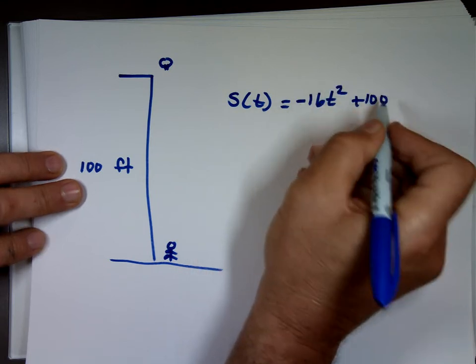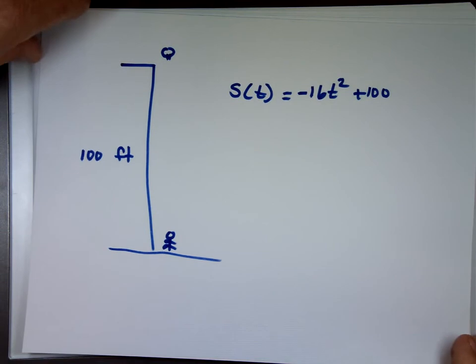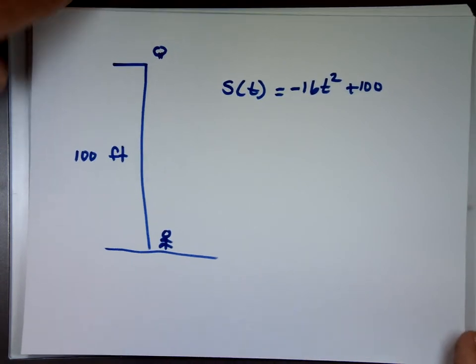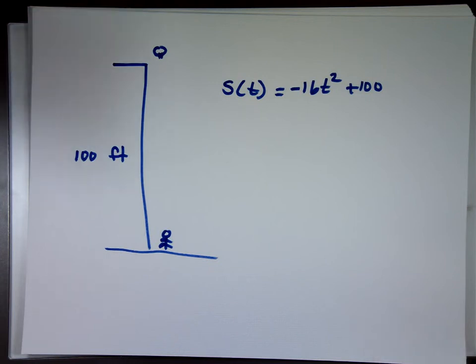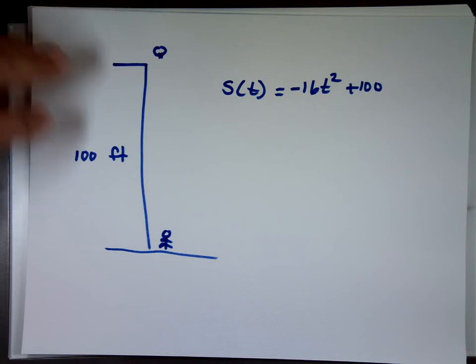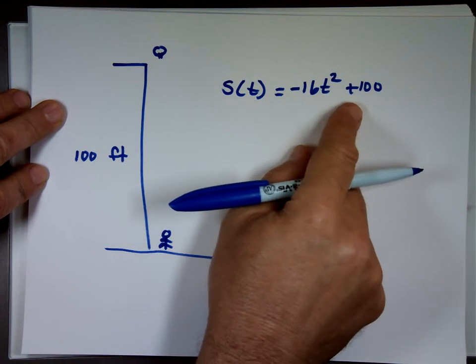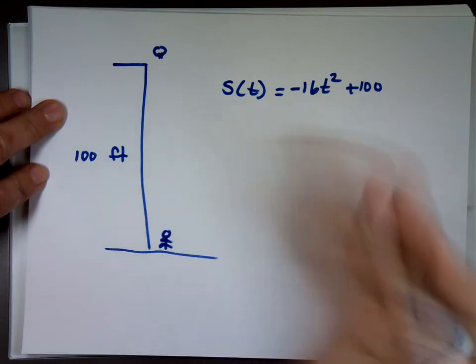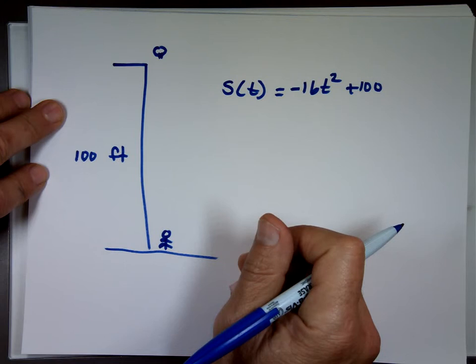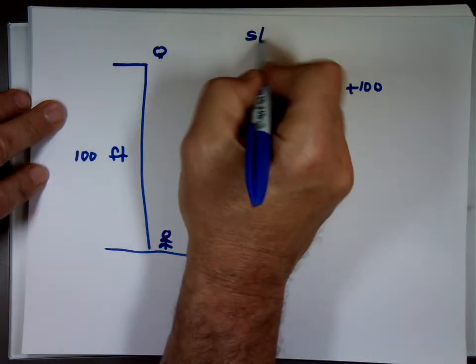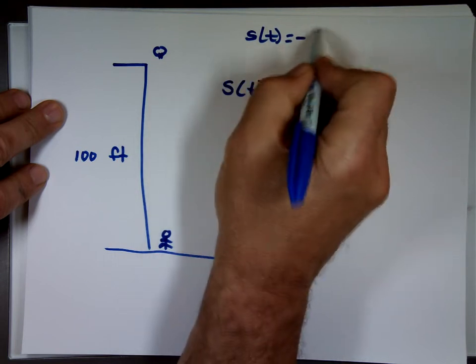Where's the negative 16 coming from? You don't have to know the physics behind it, but where do you think it's coming from? Gravity. It's 32 feet per second squared. Now, if you take it and throw it down at 5 feet per second, then there's an extra term. It will be negative 16 t squared plus 5t plus the 100, whatever the initial velocity. So the standard form in physics is negative the acceleration divided by 2 times t squared.